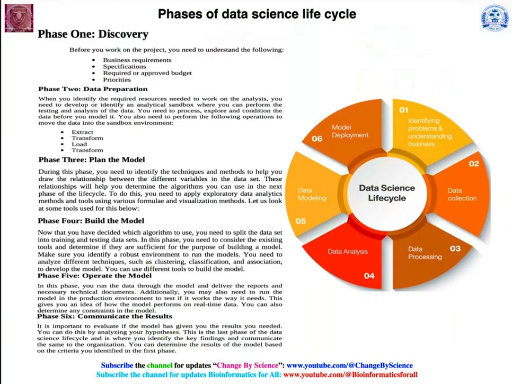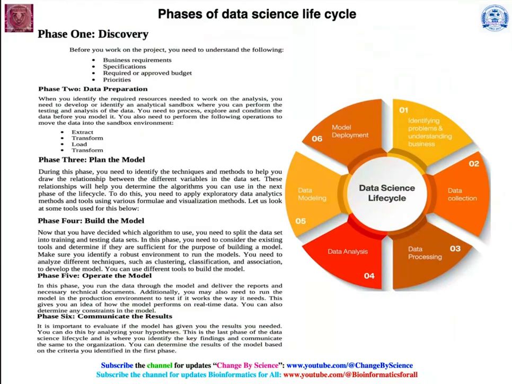Now, if you want to understand the different phases of the data science lifecycle, in general, it is summarized into 6 phases. First is identifying the problems and understanding the business, data collection, data pre-processing or processing, data analysis, data modeling, and model deployment. So these six phases are basically the major part of the data science life cycle.